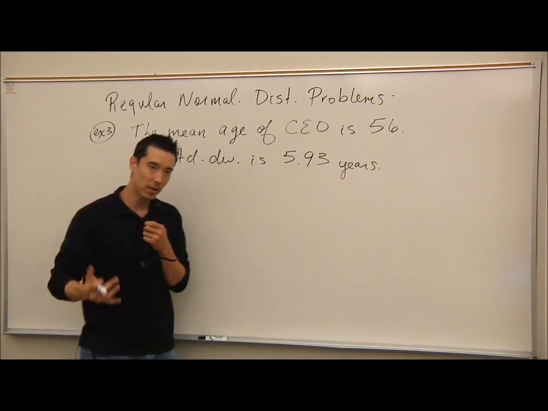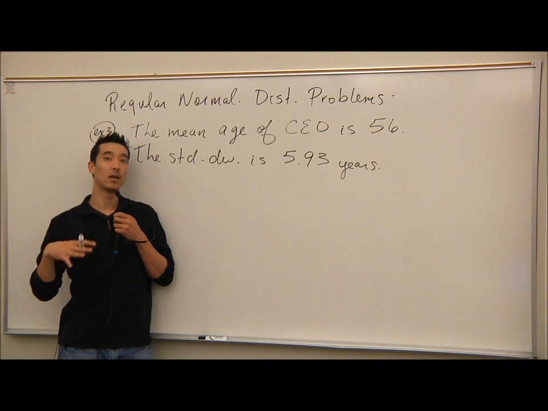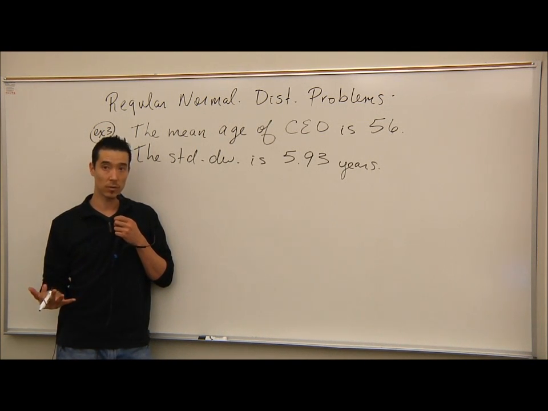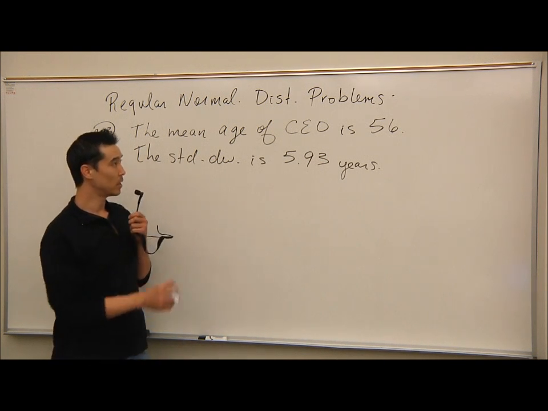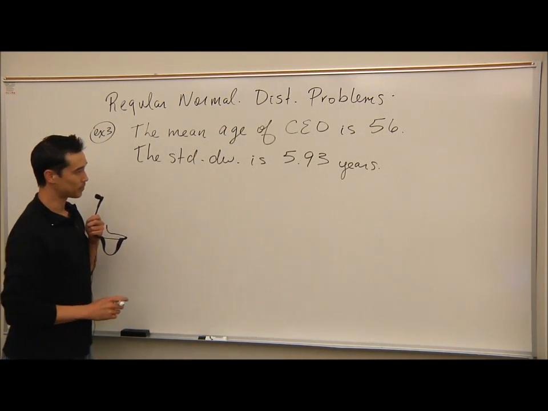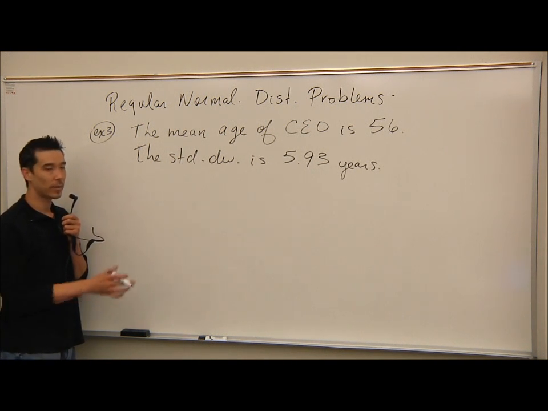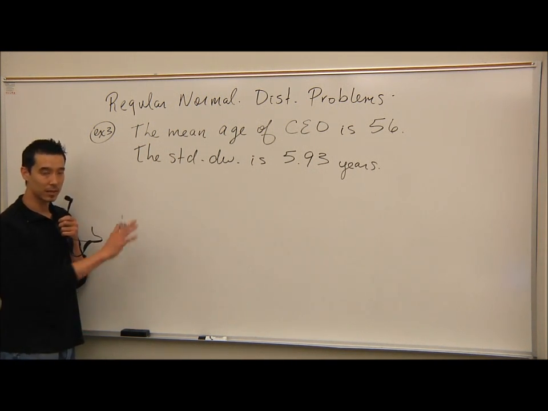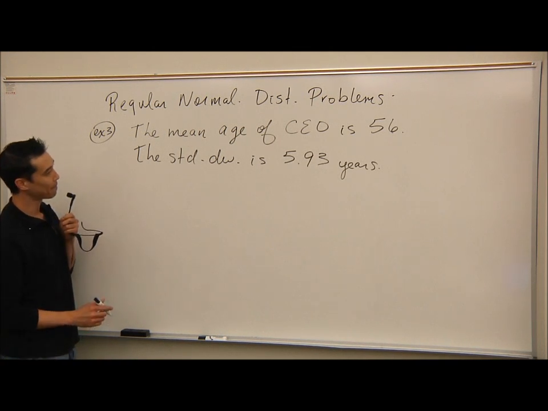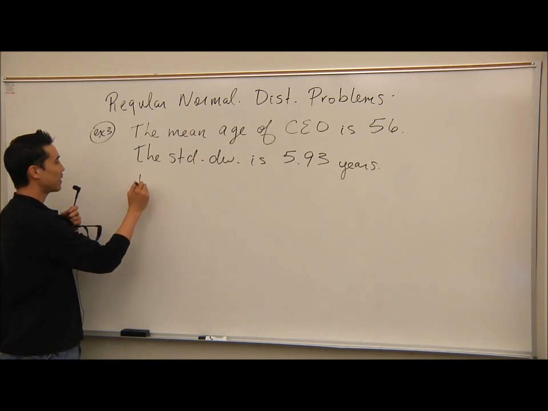Okay, and again, to do all these problems, somewhere in the problem it should say, assume the age of CEOs is normal, or assume it's normally distributed. I'm not going to write it down to save some time. What if it's not normal? Then we won't be able to do it this way. But all of these problems will say normal.